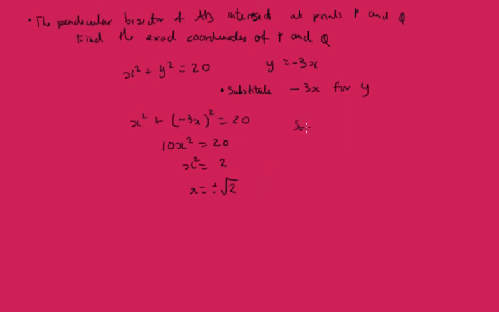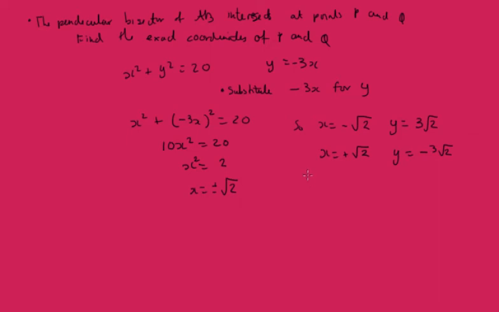So when x equals minus the square root of 2, y must be equal to 3 square root 2. And when x equals plus the square root of 2, y must be equal to minus 3 square root 2.